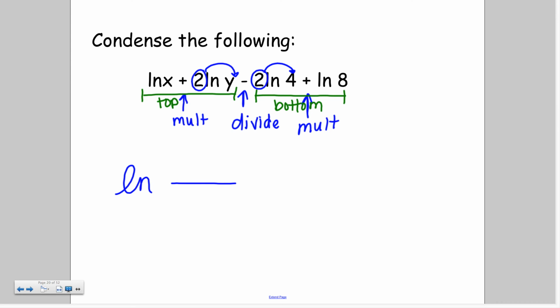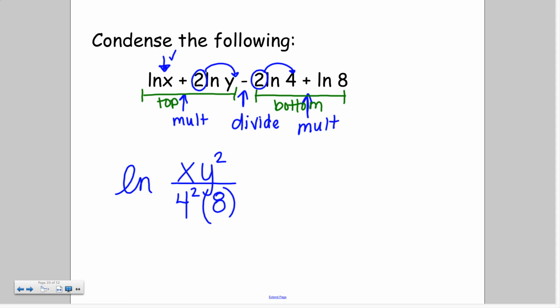We know it's division. All right, the first thing that we're dealing with is the ln of x. So x goes on top. And then we have y. It's going to multiply to y, and it's going to be squared. That's everything on top. Now we have the bottom. In our first one, it's going to be 4 squared, and it is being multiplied by 8. So we can go ahead. We got everything taken care of.